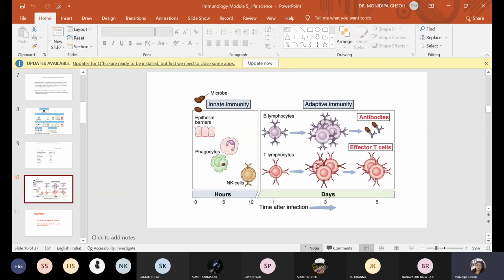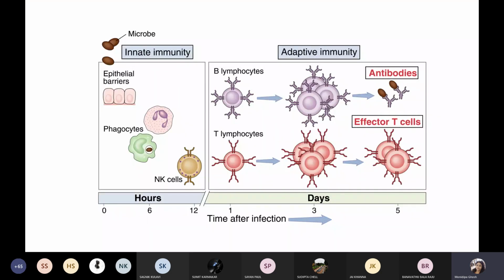Now we are coming to the analysis part, how we will judge the immunological reactions. Whenever a microbe interacts with the epithelial barrier, the epithelium is made up of a special type of cells which is very resistant and hardy, and these give a barrier-like protection.